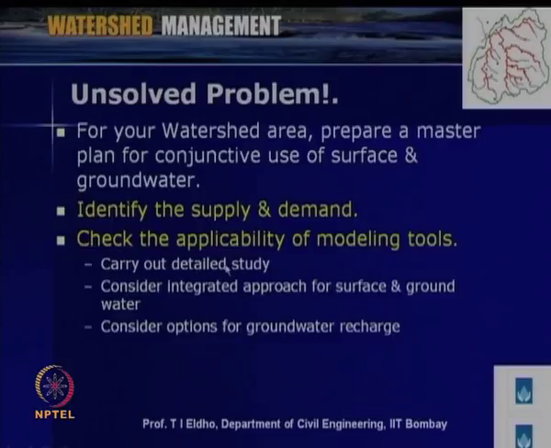So, you can conduct detailed studies and develop an appropriate plan, an integrated approach for surface and groundwater, by using mathematical modeling. Then you can look into the various options for groundwater recharge as far as the particular area is concerned. So, you can try this for your watershed area.